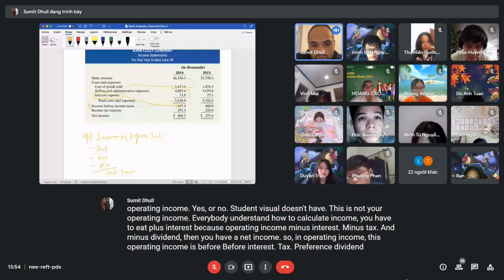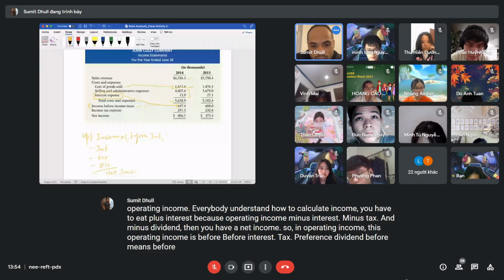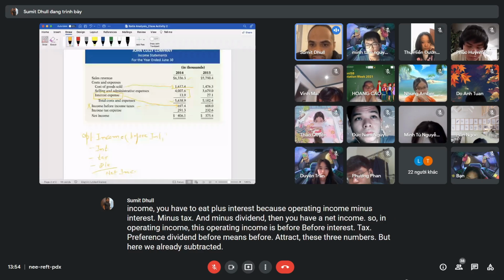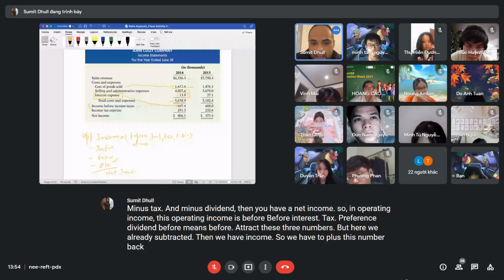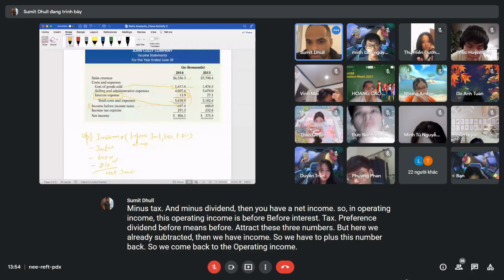Before means before subtracting these three numbers. But here we already subtracted, and then we have income. So we have to add this number back, so we come back to the operating income. Everybody get it?